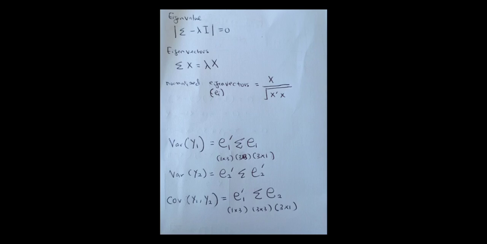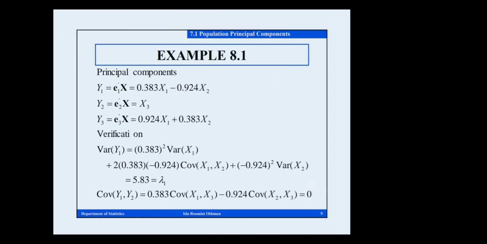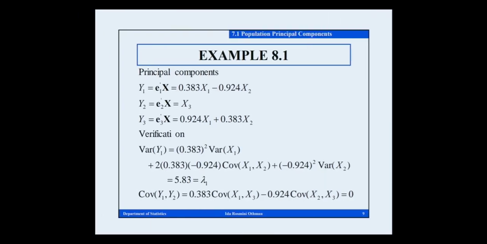We have the normalized eigenvectors tadi. We have the variance covariance matrix. Multiply these 3, you akan dapat satu value, sebab 1 by 3, 3 by 3, 3 by 1. Satu value tu ialah dipanggil variance of first principal component.